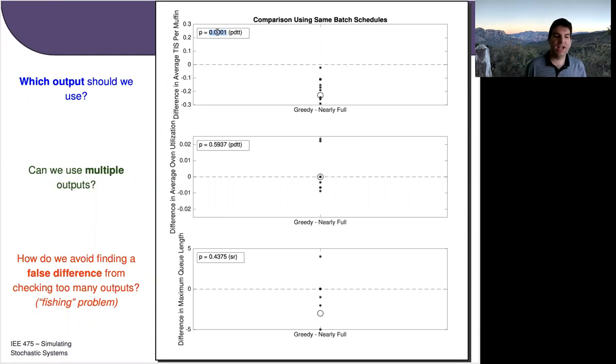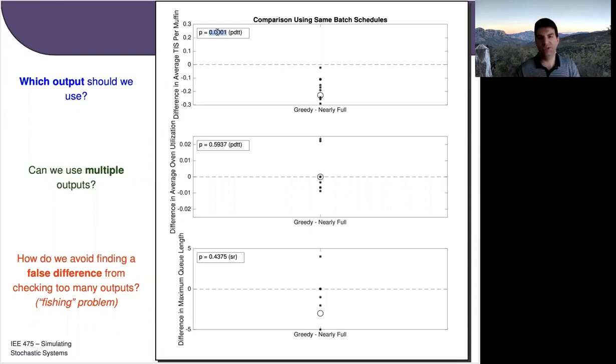So we have to figure out, if we measure multiple outputs, how do we somehow make use of all of the information about all of the outputs without so-called fishing for a difference? And towards the end of the class, after the midterm, we will talk about how to properly weight your p-values.